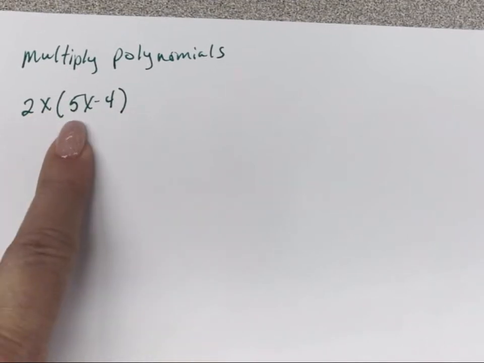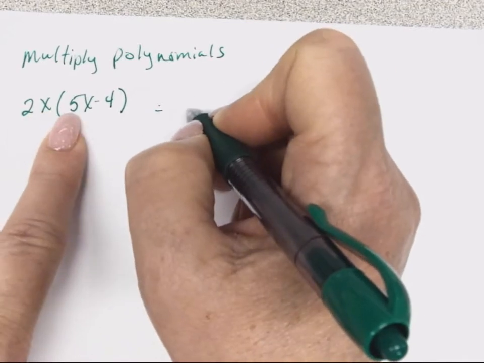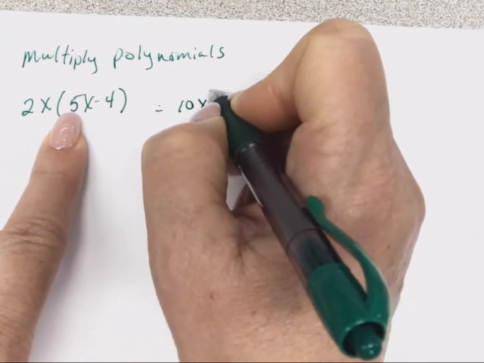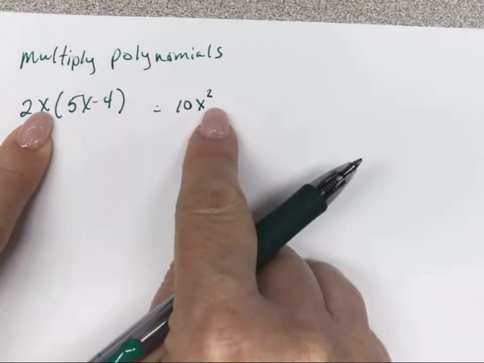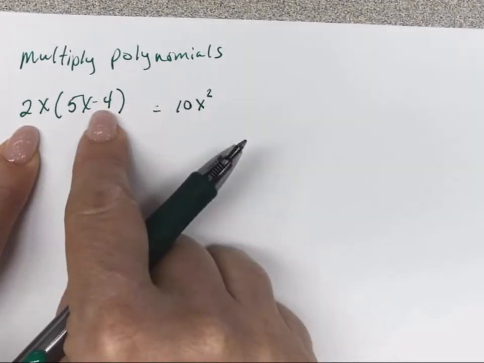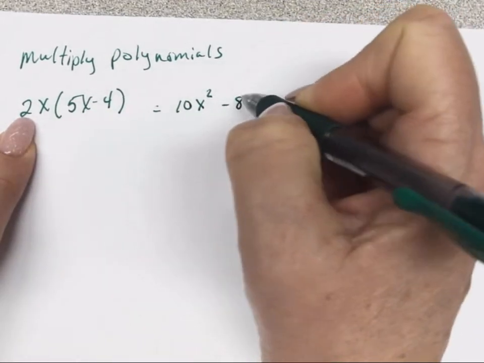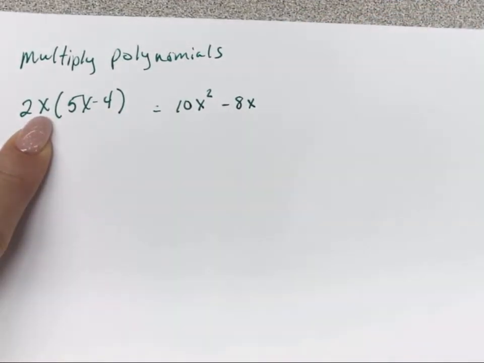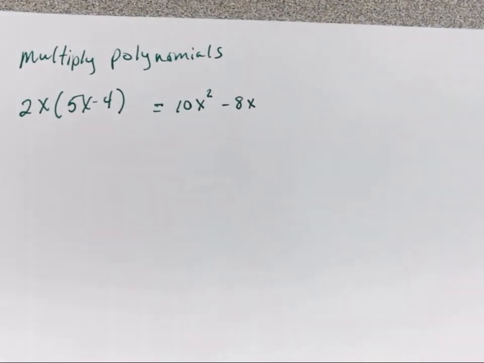So 2x times 5x will get us 10x squared, because 5 times 2 is 10 and x times x is x squared. 2x times negative 4: 2 times negative 4 will get us negative 8 times our x. So that would be your final answer for that one.